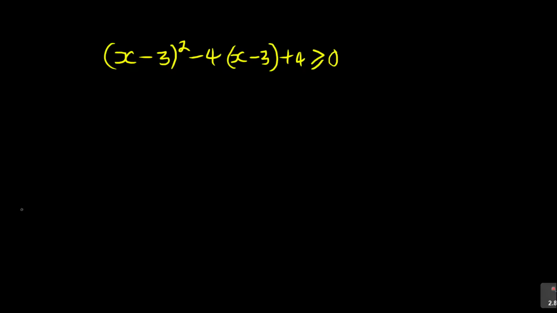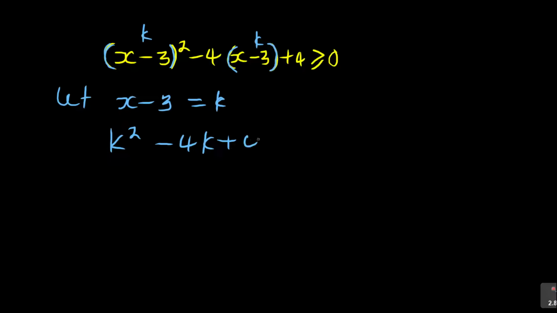Look at what's in the bracket: the x minus 3 and the x minus 3. Do you see that the x minus 3 is repeating? So we can say let x minus 3 be equal to k. Are you with me? Wherever there is this, you put a k. So what we have here is k squared minus 4k plus 4 is greater than or equal to 0.